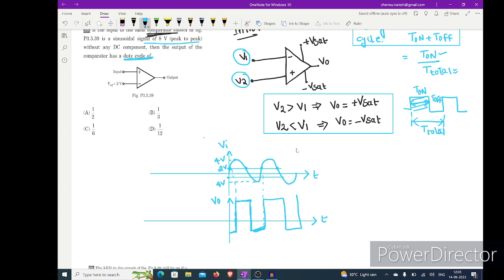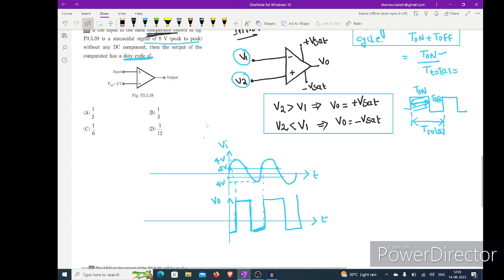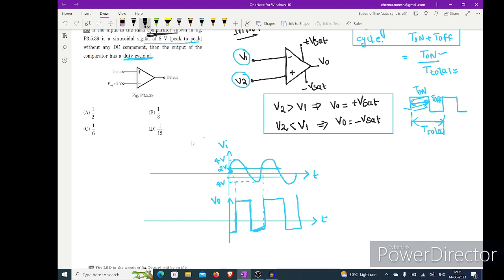So here we should know what this angle is. We come to know it from 4 sin omega t, whenever it crosses the particular reference of 2 volts.